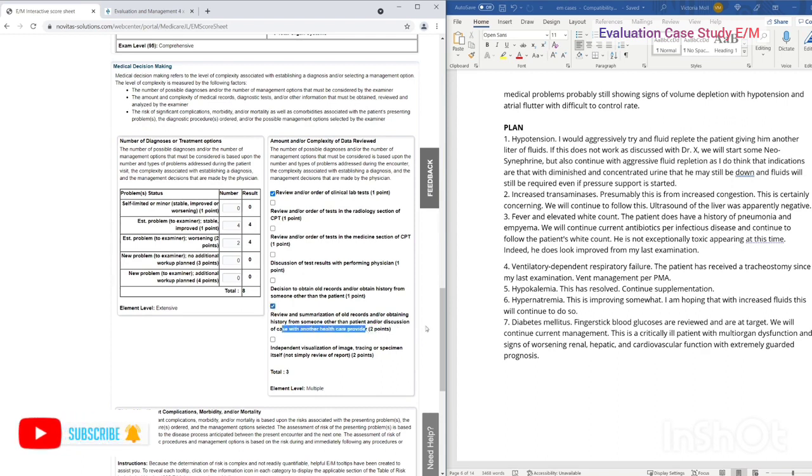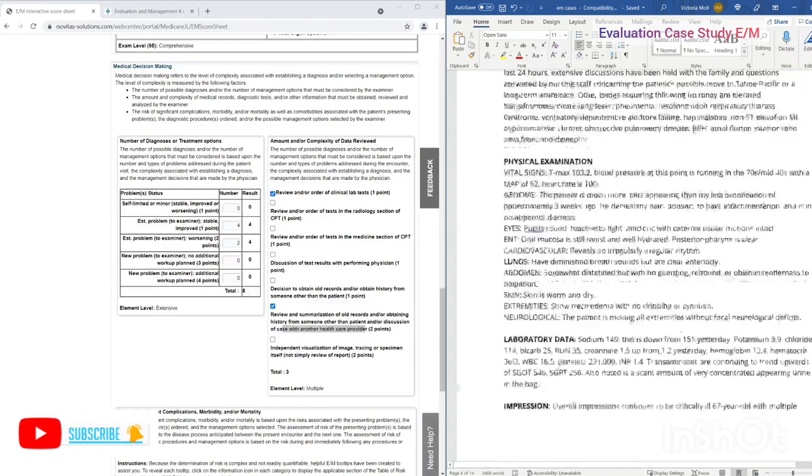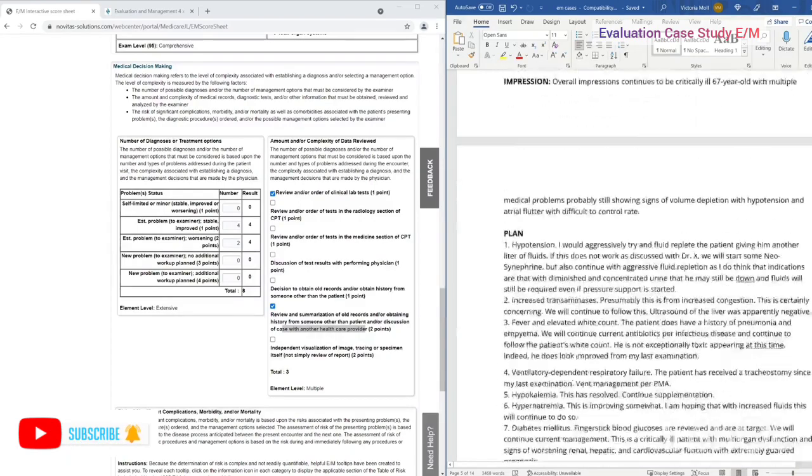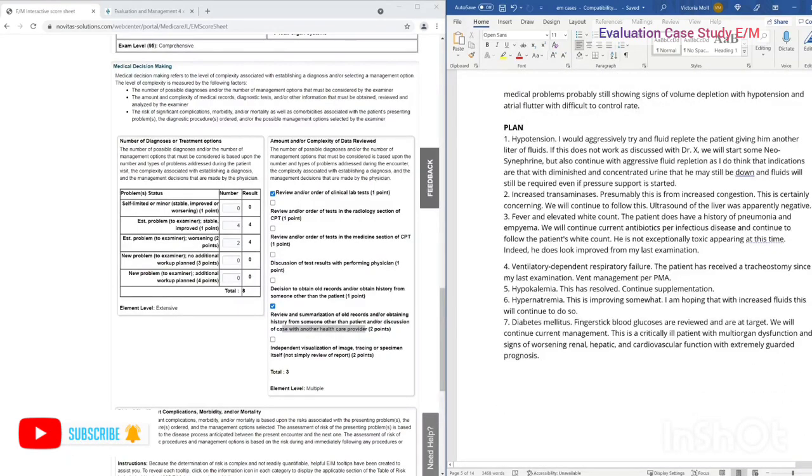Remember, he talked about that conversation he was having with Dr. X at the bedside about the patient. He details what's going on, not just saying, I had the conversation with Dr. X. We do have that summarization of what he discussed.